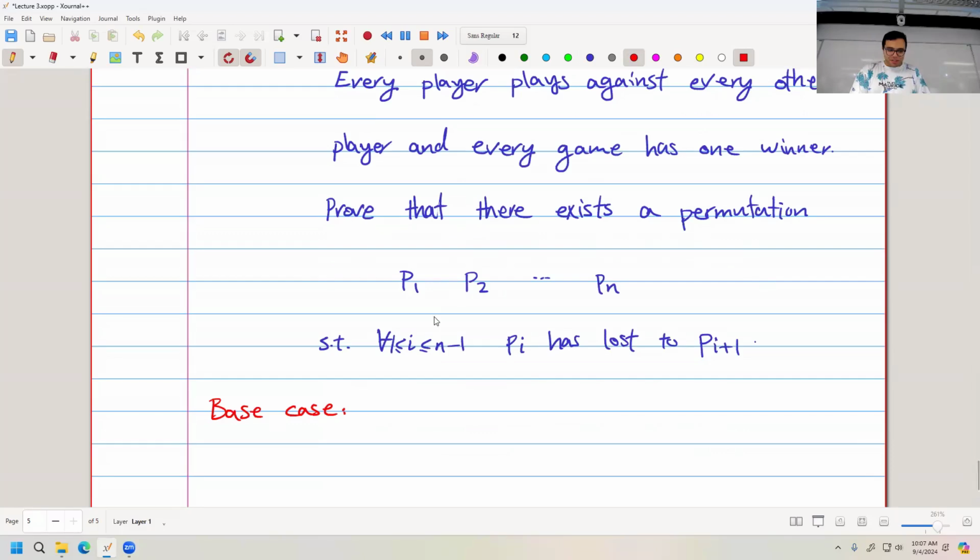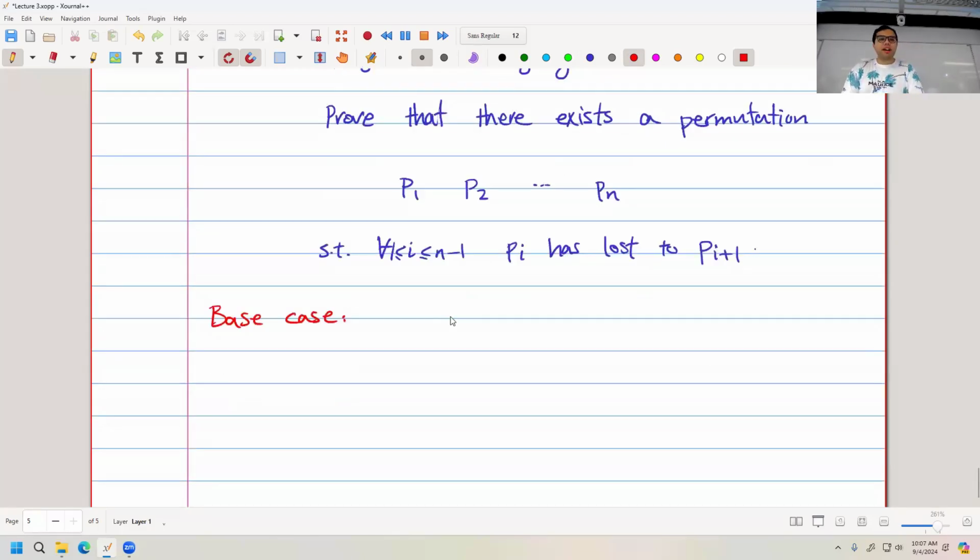But if I have only one player, I can just use that one player as my permutation. So if I have one player, and let's say the players are numbered from 1 to n, then the sequence 1 is an answer. Okay, that's my base case.